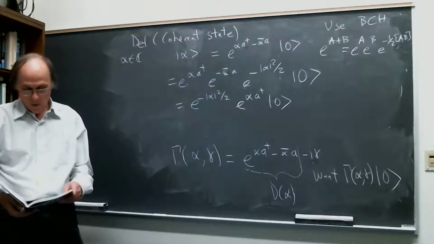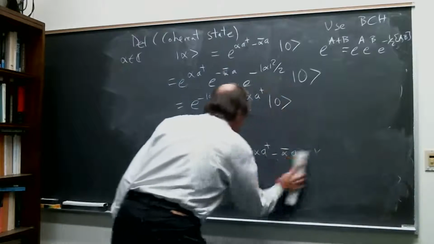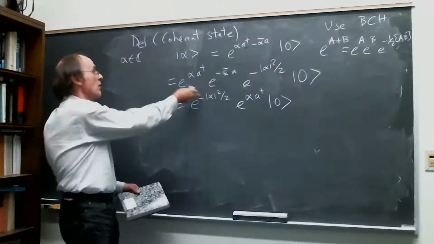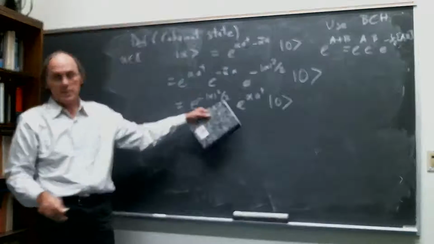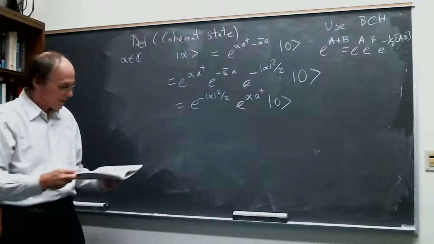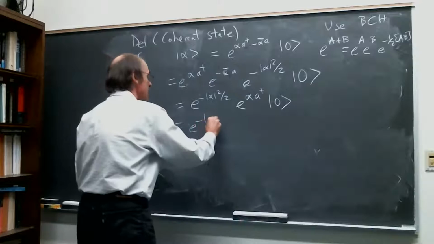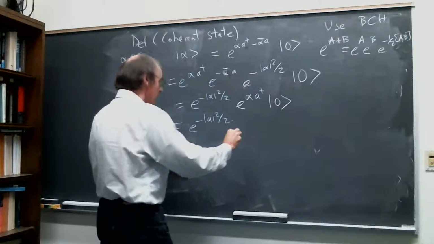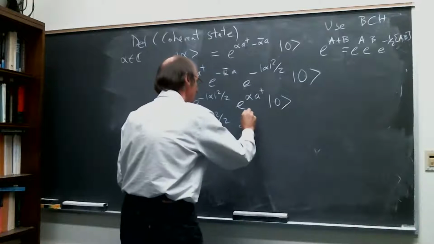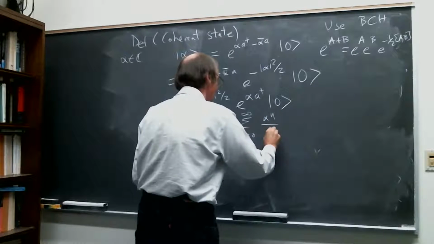Sometimes you'll also see this as the definition of a coherent state. If you write this out, it's e to the minus alpha squared over 2, and then a sum from n equals 0 to infinity, with alpha to the n over n factorial.